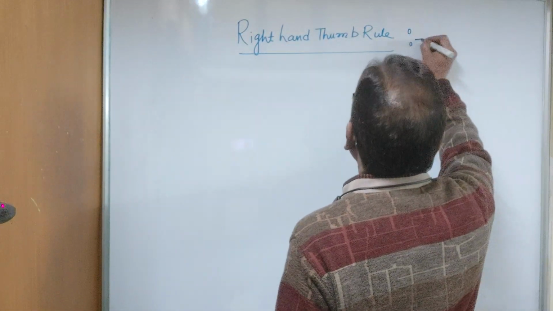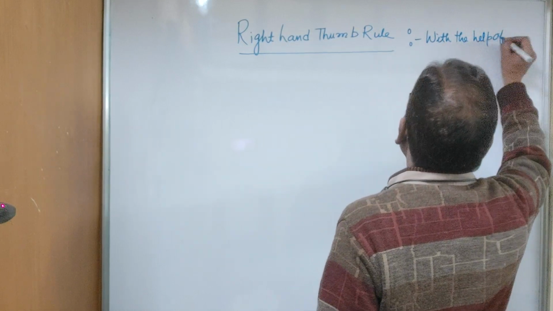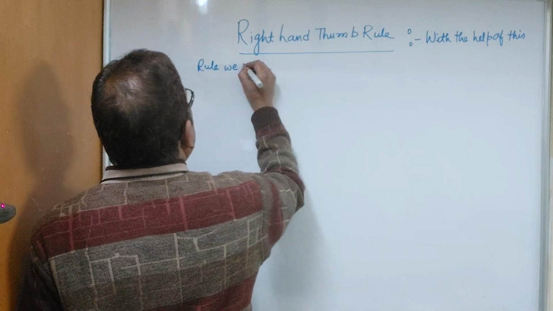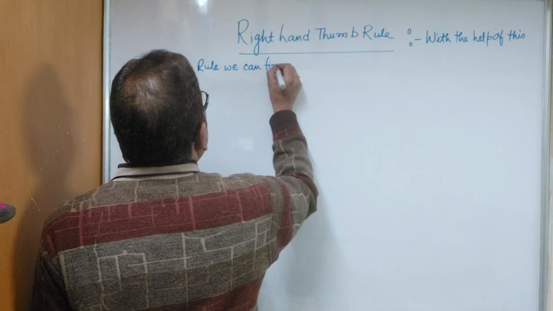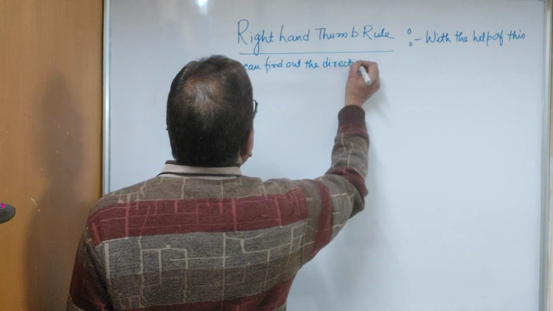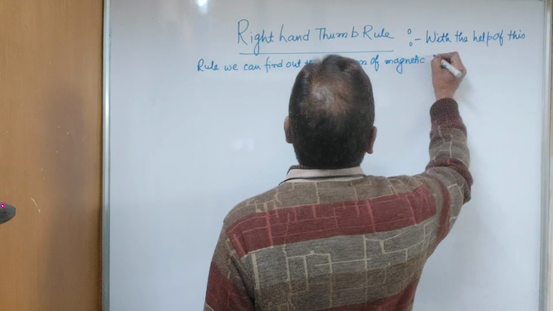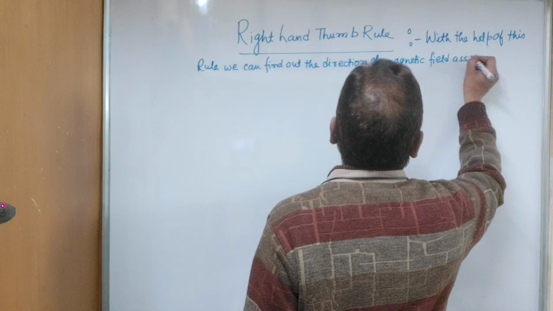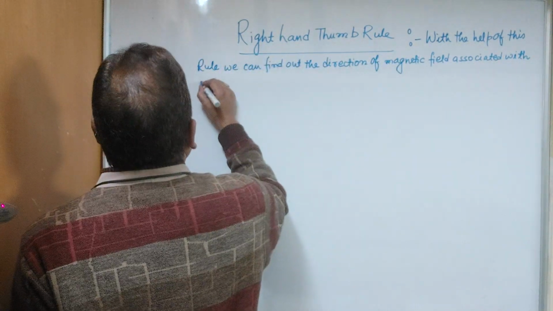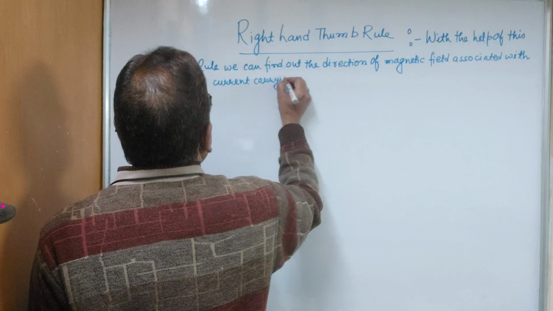So you will write, with the help of this rule we can find out the direction of magnetic field associated with a current carrying conductor.